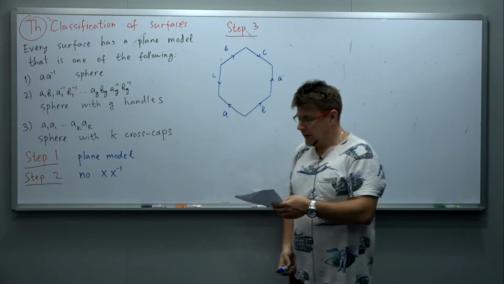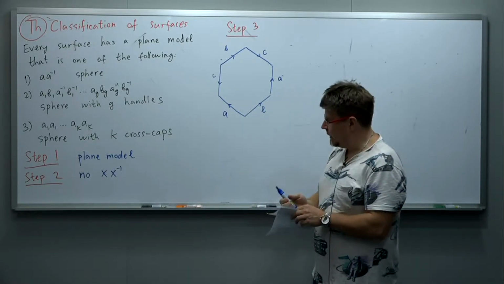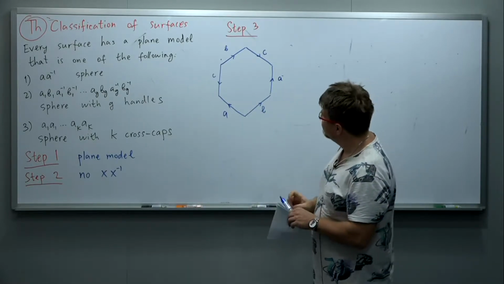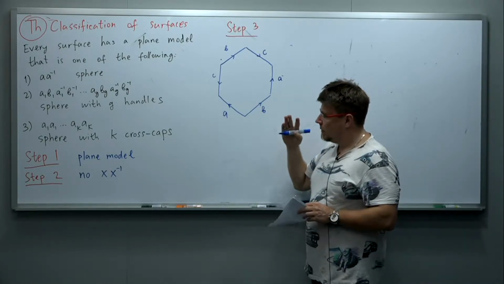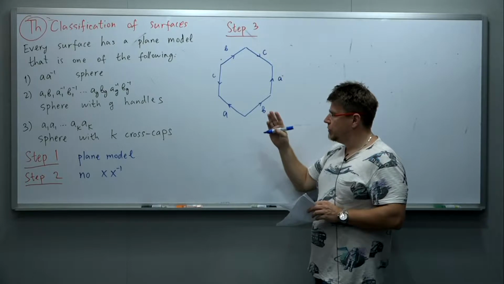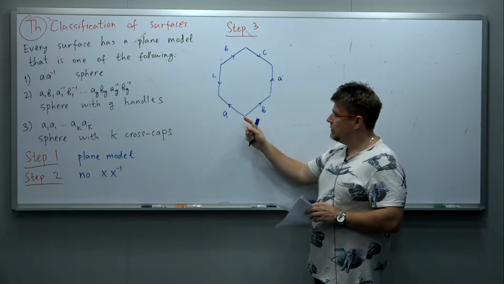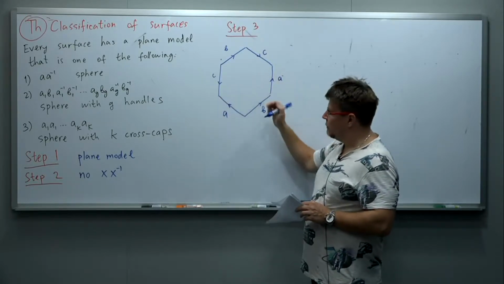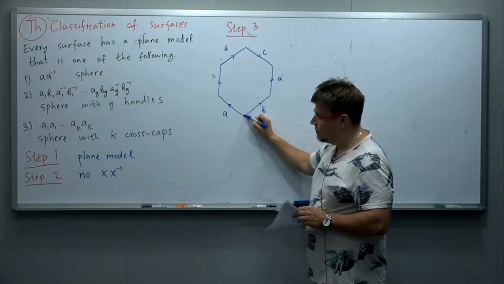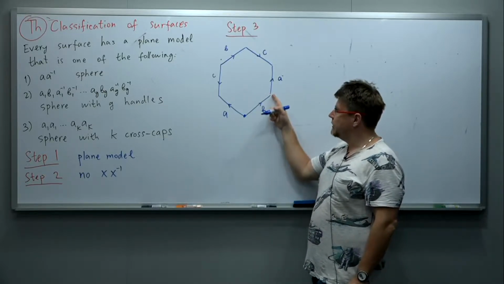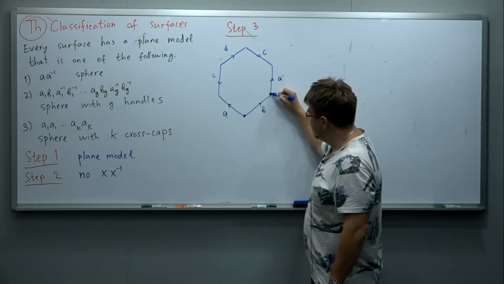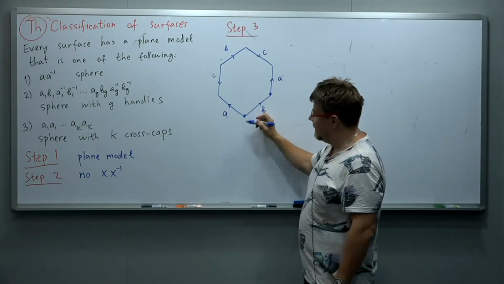But in any case, let me explain what step 3 is about. It is important to realize that when we glue, say, A to A, then of course this point, which is in the tail of A, is going to be glued to this point, which is also in the tail of A. Right? So let me label it somehow.